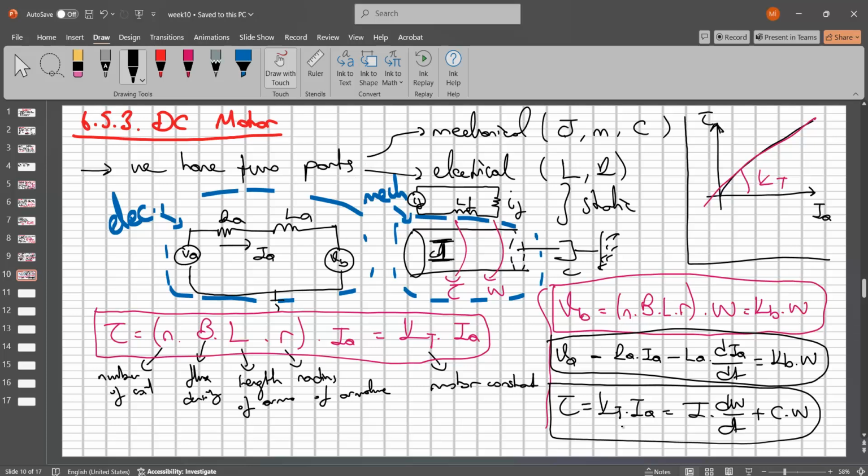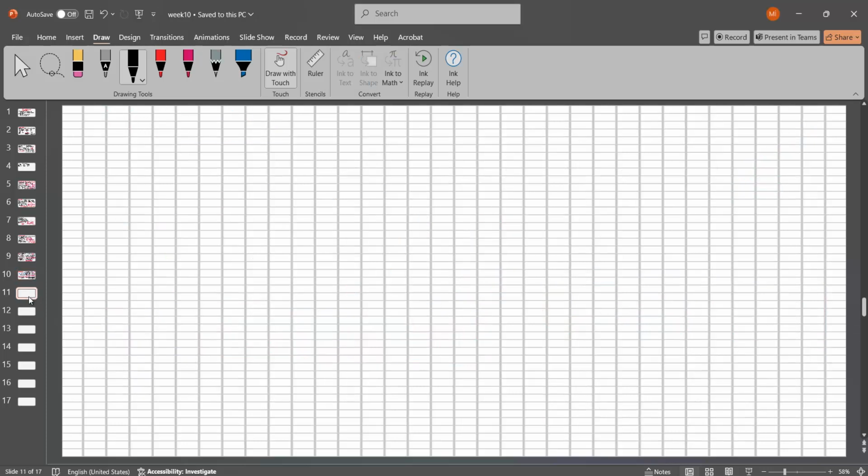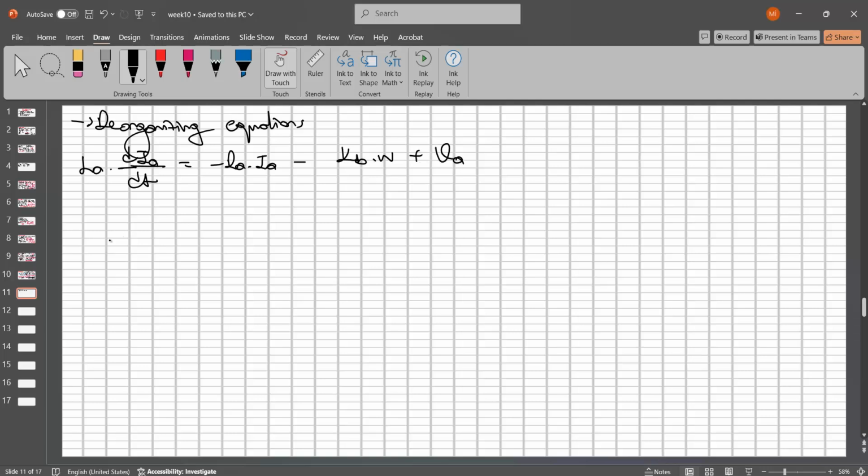So, if this is the case, we can reorganize the equation. LA times dIA dt is equal to minus RA IA minus KB times W plus VA, the input voltage.